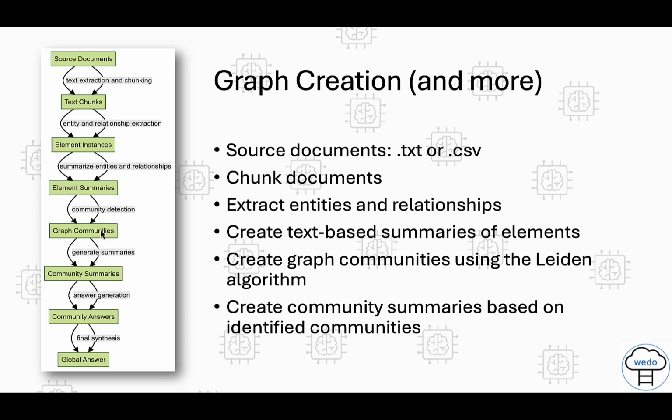Now, when you have these communities, you can take the text within the elements of these communities and then generate community summaries. For example, you detect a community about certain things happening in a certain organization. Well, then you have some pre-generated community summary about multiple entities that belong to this organization.